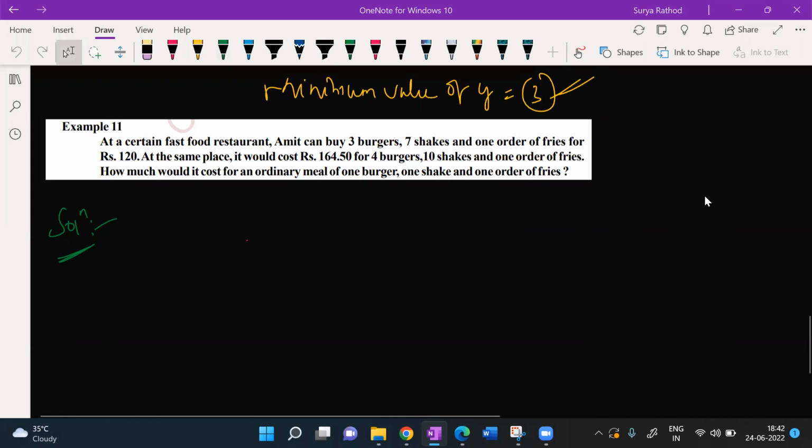Then I did b plus 3s is equal to 44.5. So b is equal to 44.5 minus 3s, and that is my third equation. Then I got 3b plus 7s plus f is equal to 120. Okay, got it.